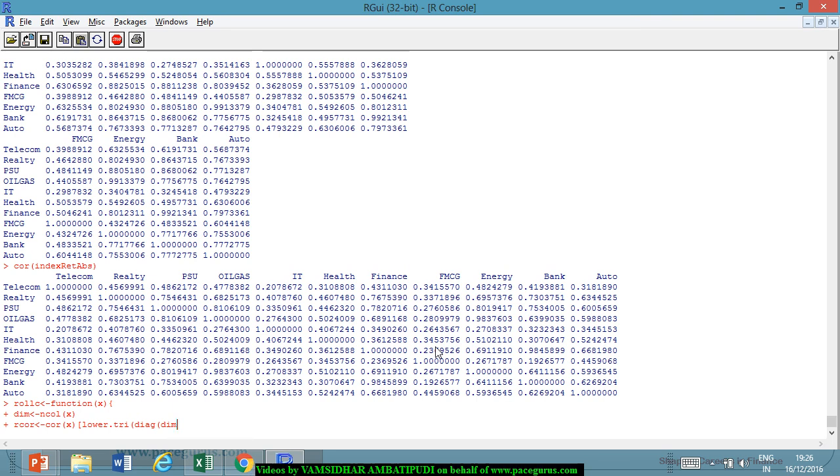So for all the diagonals across, I am taking only the lower triangle associated with them. So all the values that are there under the lower triangle are considered as a part of my correlation, and the diagonals I am setting to false.